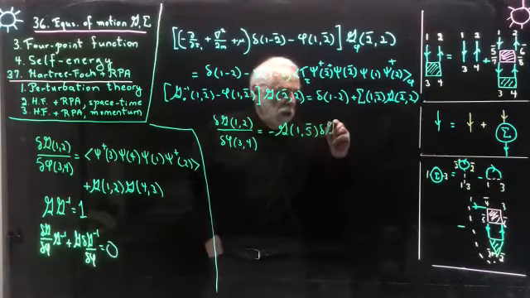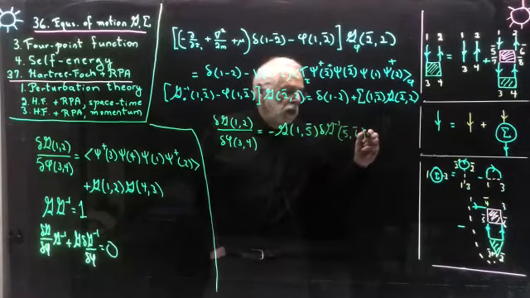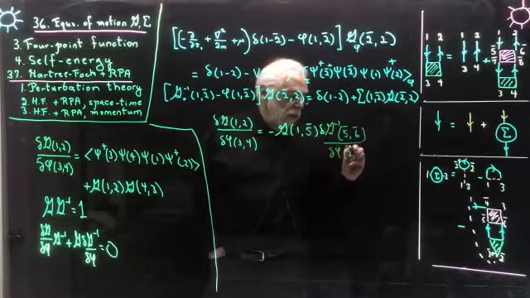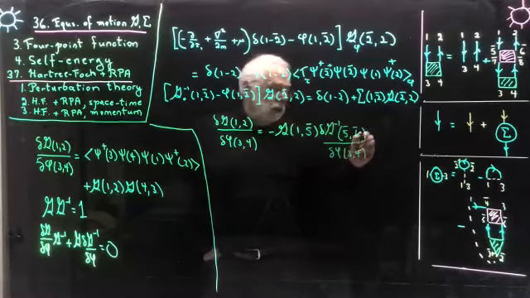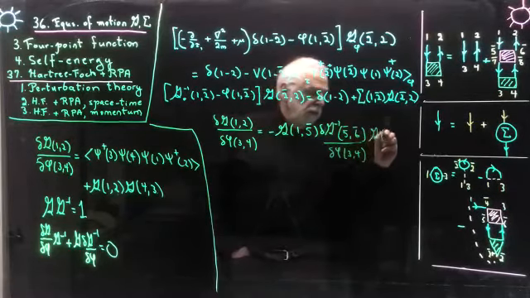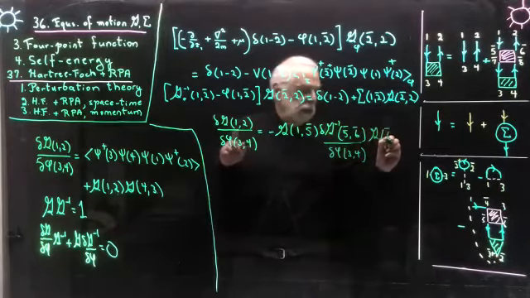Delta G minus 1 5 bar 6 bar, delta phi 3 4, times G of 6 bar 2.